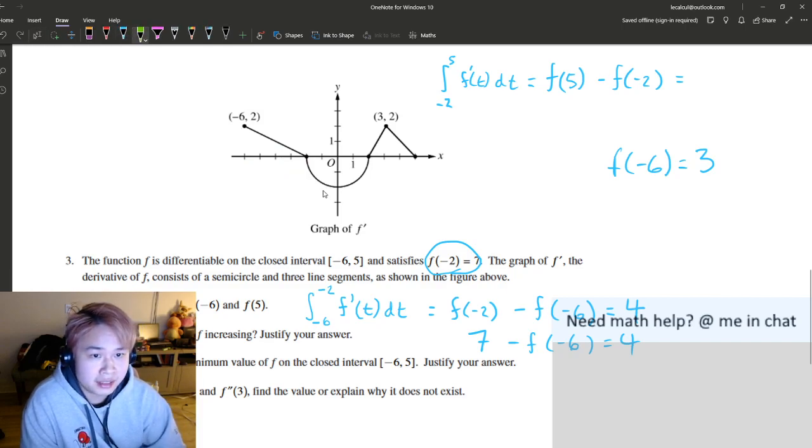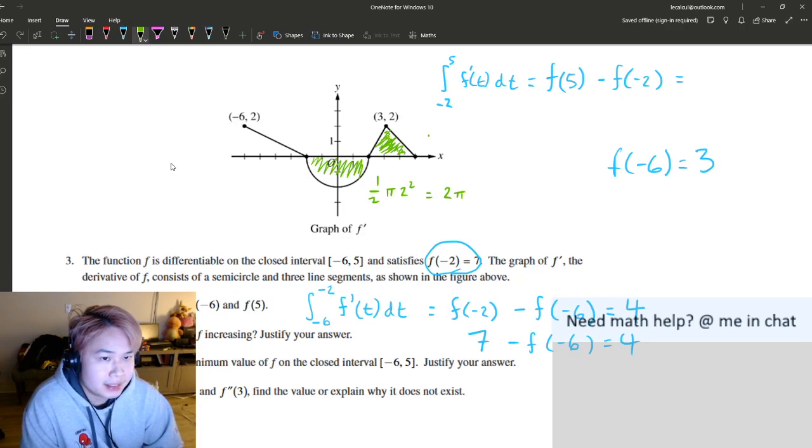So that's the area from -2, which is this half circle, to 5, which is this triangle here. So this is a half circle, and it has a radius of 2. So then that's half of pi r squared. So this ends up being 2 pi.